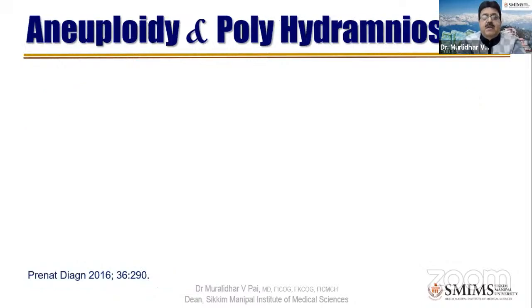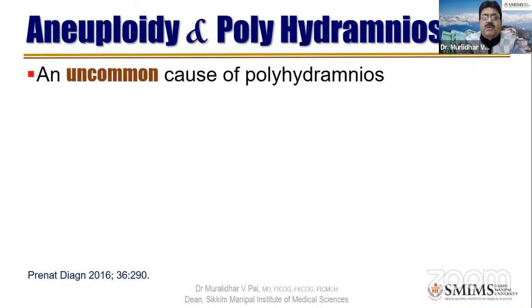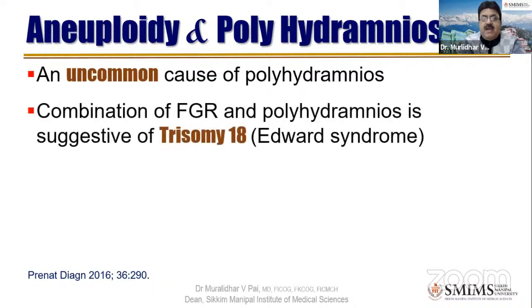Let us look at the connection between aneuploidy and polyhydramnios. It's an uncommon cause of polyhydramnios. However, the combination of FGR and polyhydramnios is suggestive of trisomy 18. Here is a peculiar region. Usually, we tend to think that whenever there is FGR, there has to be decreased liquor. Now, that is true with a late onset FGR or FGR due to extraneous factors like decreased placental perfusion.